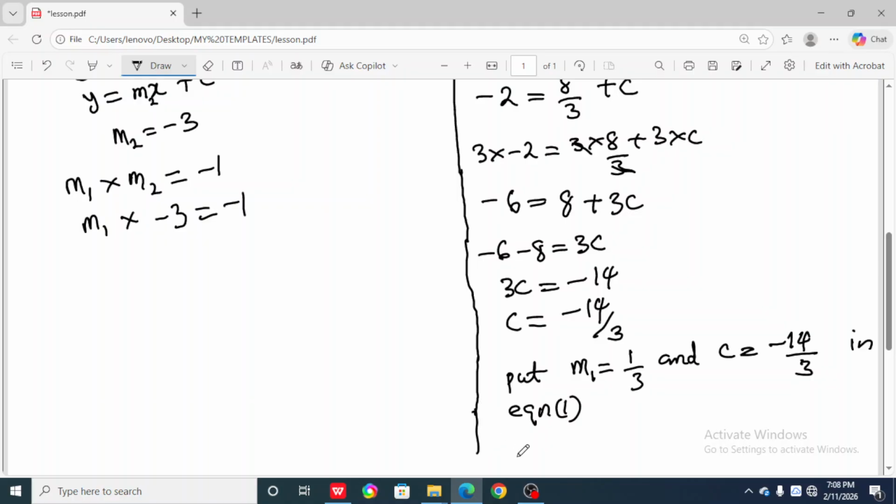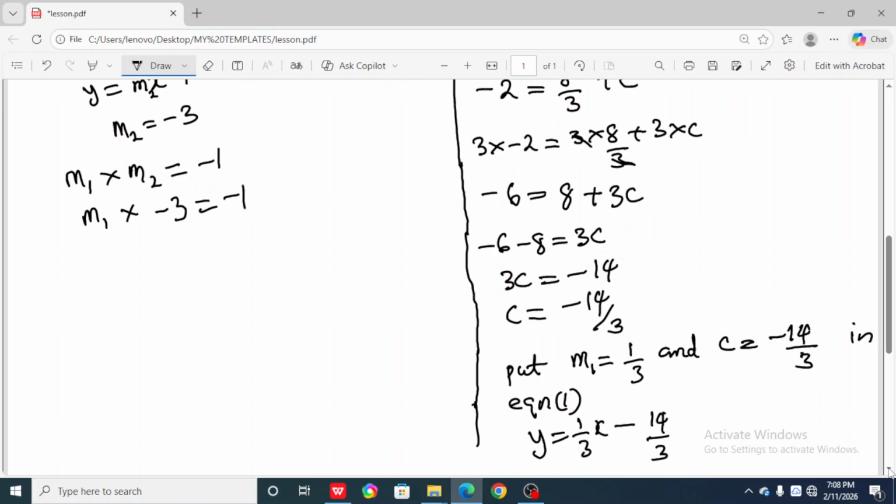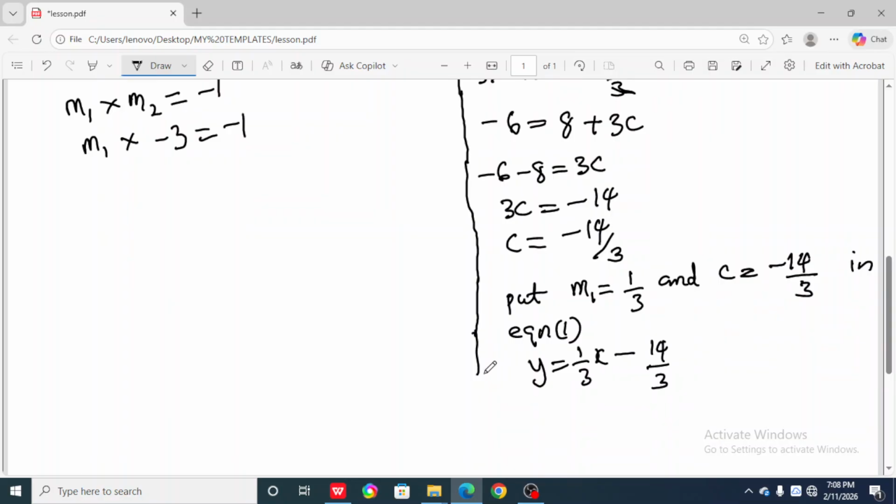So equation 1 will now be y equals 1 over 3 x minus 14 over 3.